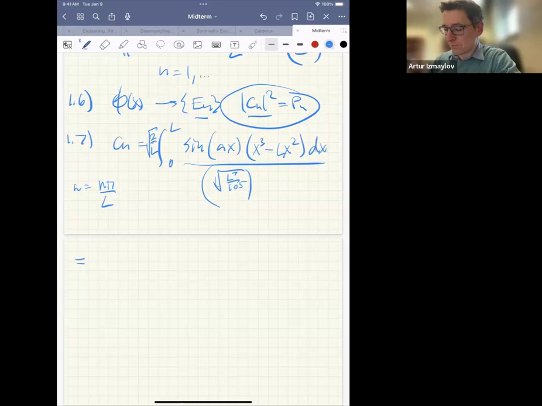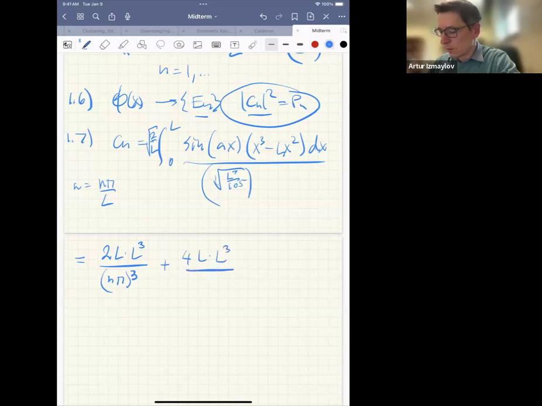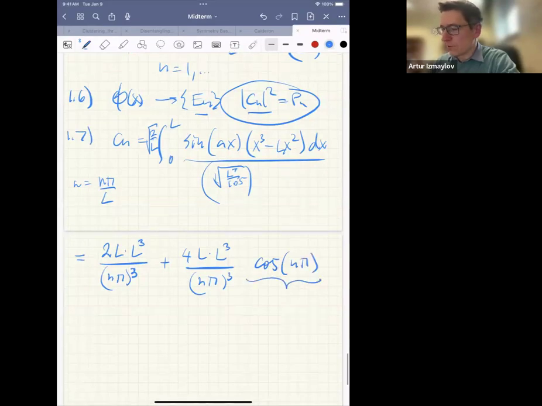So what I get at the end is 2 to the L times L to the 3 divided by n pi cubed, plus 4L cubed divided by n pi cubed cosine of n pi.